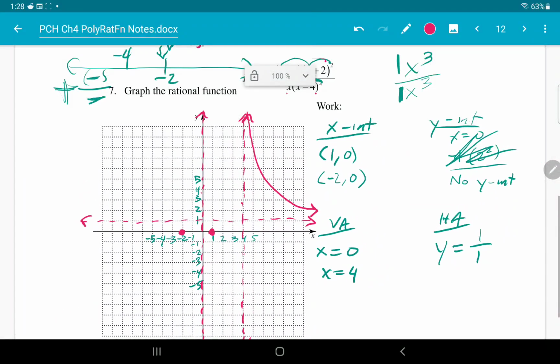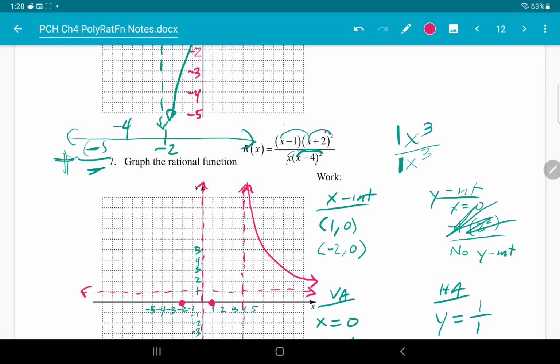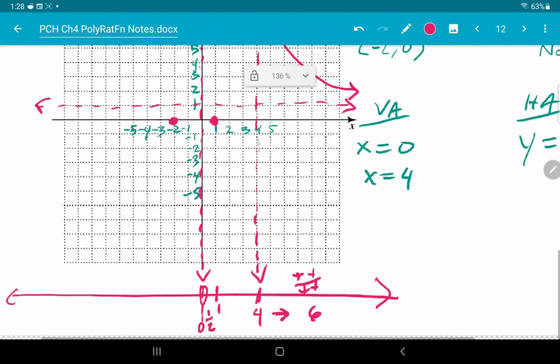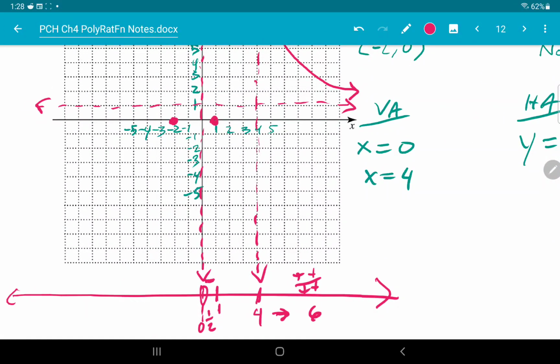If I test a value like half, half minus 1 will give us negative, times half plus 2 squared, that'll give us positive. Half is positive, and half minus 4 squared is positive. So altogether, the section of half is going to give me negative. That's showing me that my graph is going to come down towards negative infinity, going towards that asymptote, just like that.